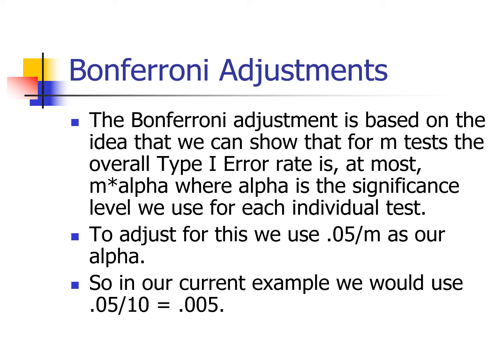Instead of something less than 0.05, now it has to be less than 0.005. Because again, if we do 10 tests all at the 0.005 level, then our overall type 1 error is now at most 0.005 times 10. It's now at most 0.05, right? Which is exactly what we want it to be. Do we see that?